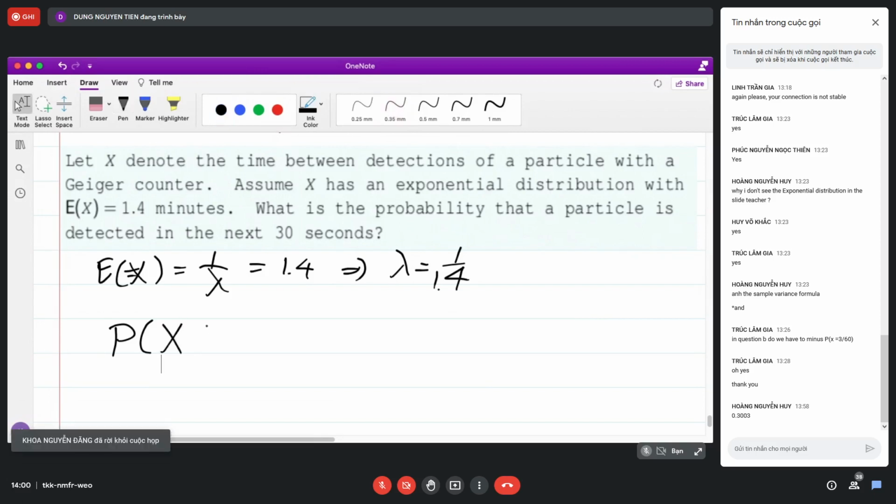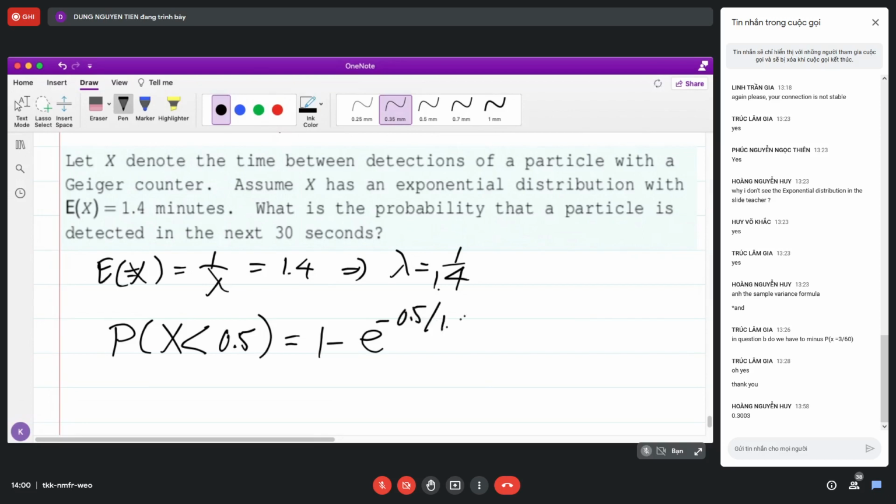So the time between detections should be less than 30 seconds, and the unit we are using is minutes, so this should be 0.5 minutes. This is what you want to compute, and that should be 1 minus the exponential of minus lambda times x. So you get 1 minus e to the minus 0.5 over 1.4.